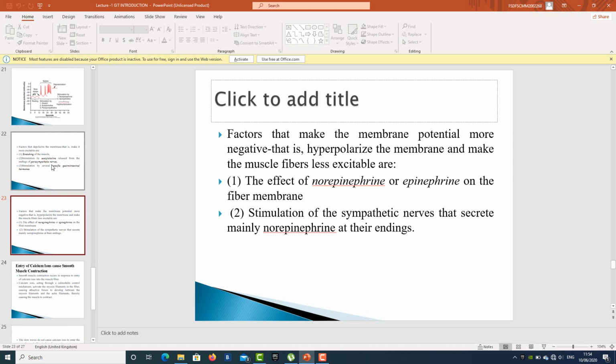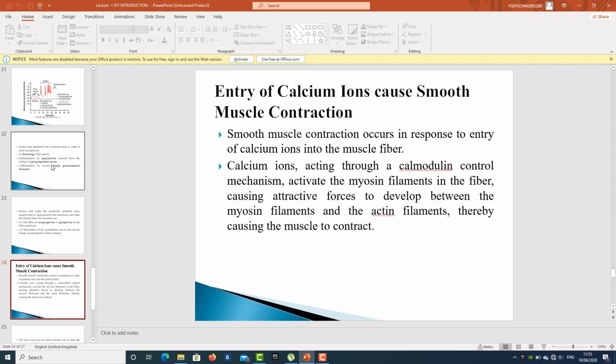Then we have the factors which can make the membrane potential more negative, that is, hyperpolarize the membrane and make the muscle fibers less excitable. And what are they? They are epinephrine or norepinephrine on the fiber membrane, and stimulation of sympathetic nerves which secrete mainly norepinephrine at their endings.